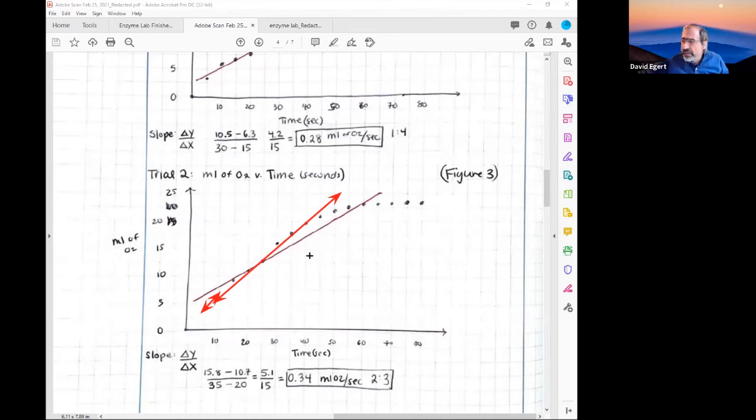So do you see that? Like this line that they drew really is also kind of not where it's really rolling. So you want to think about drawing your best fit line when you're doing this.